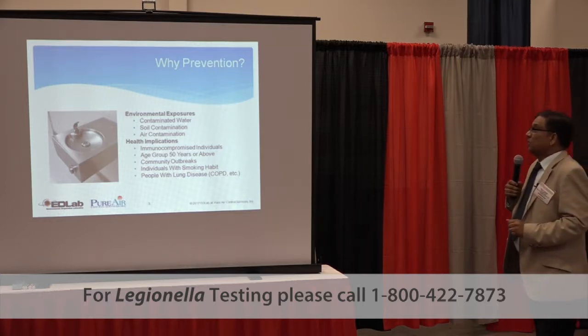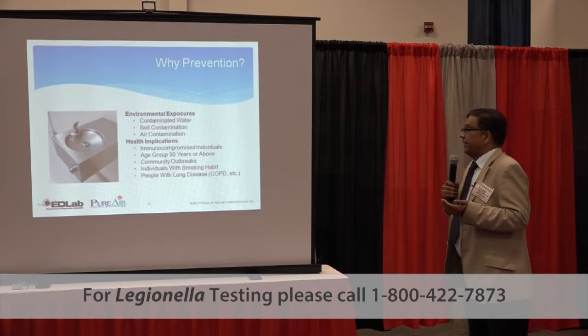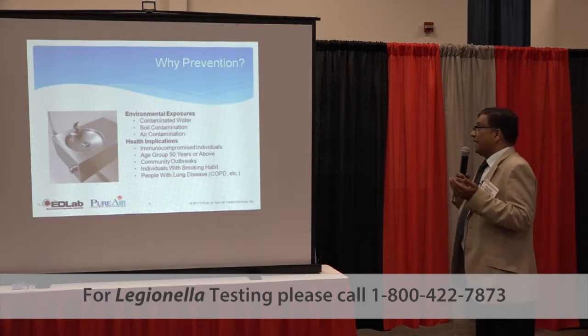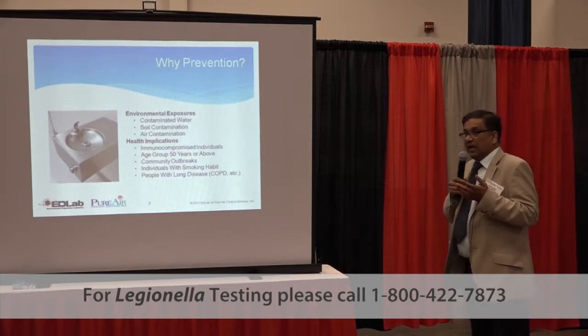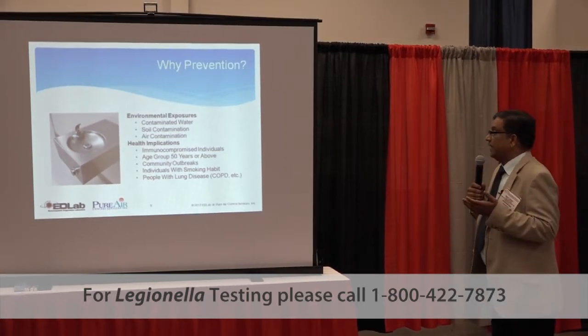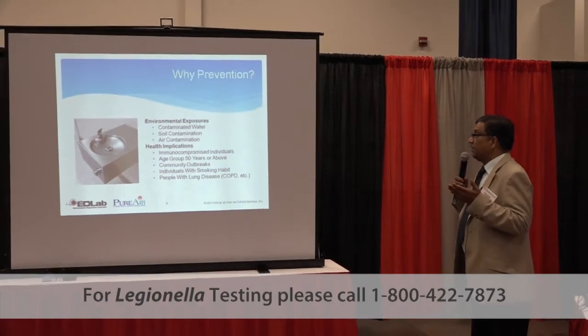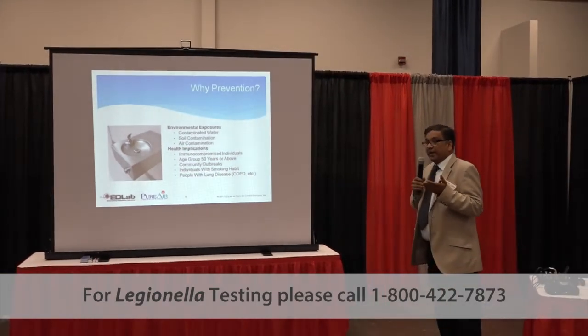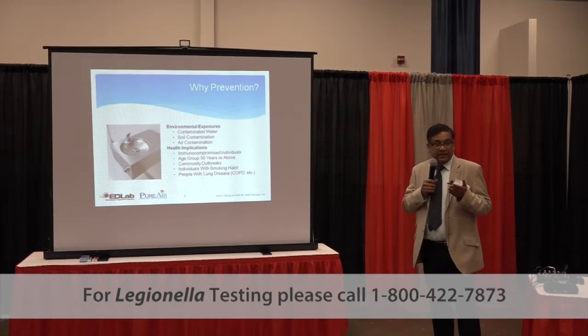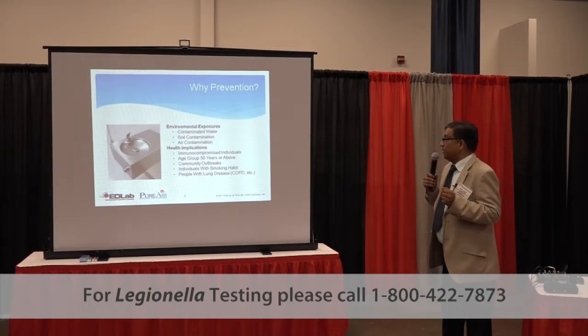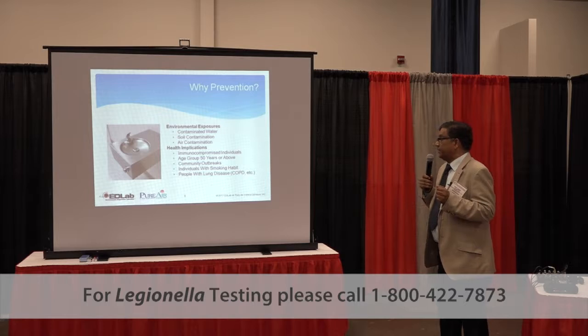So, why is prevention necessary? It has 2 aspects. One is the environmental exposure aspect: how you get exposed to the bacteria by drinking contaminated water, by coming in touch with contaminated soil, or breathing contaminated air. We'll give a little more information on that later during the presentation.